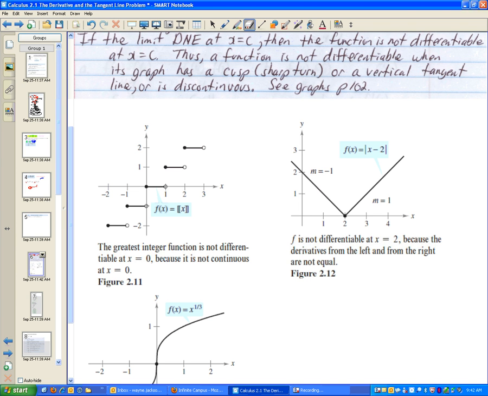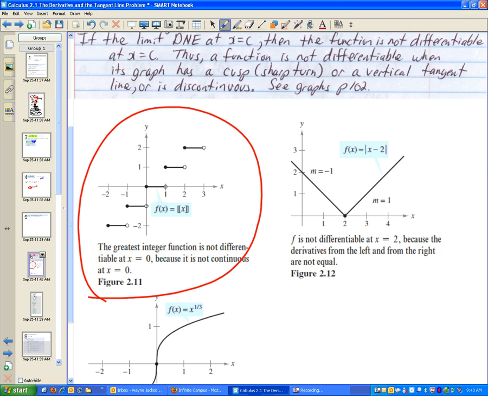So, like when we discussed continuity, even functions that had a lot of discontinuity were continuous a lot of places as well. Even functions that are not differentiable at certain places are differentiable at a lot of other places. So if you look at this first graph, this step function, this greatest integer function, this function is not differentiable at every integer because it's discontinuous at every integer.